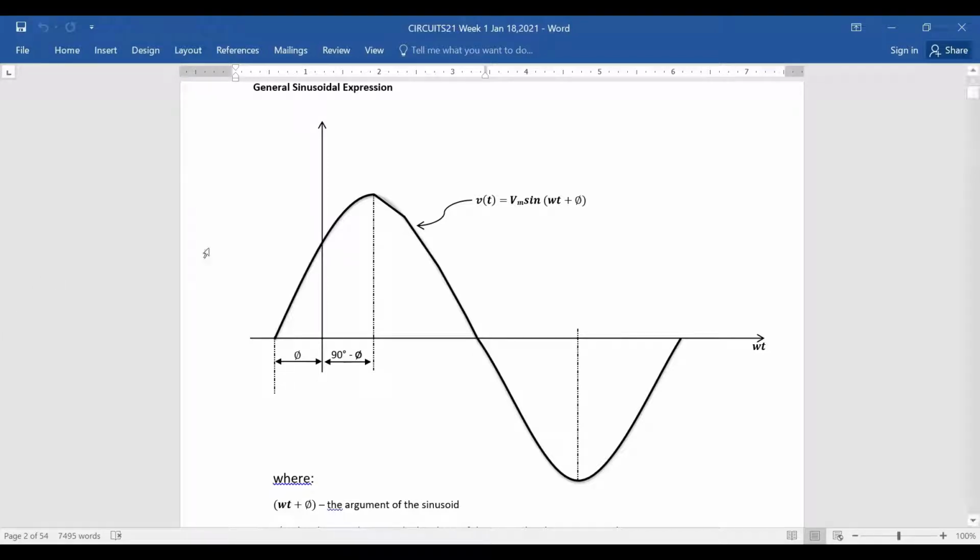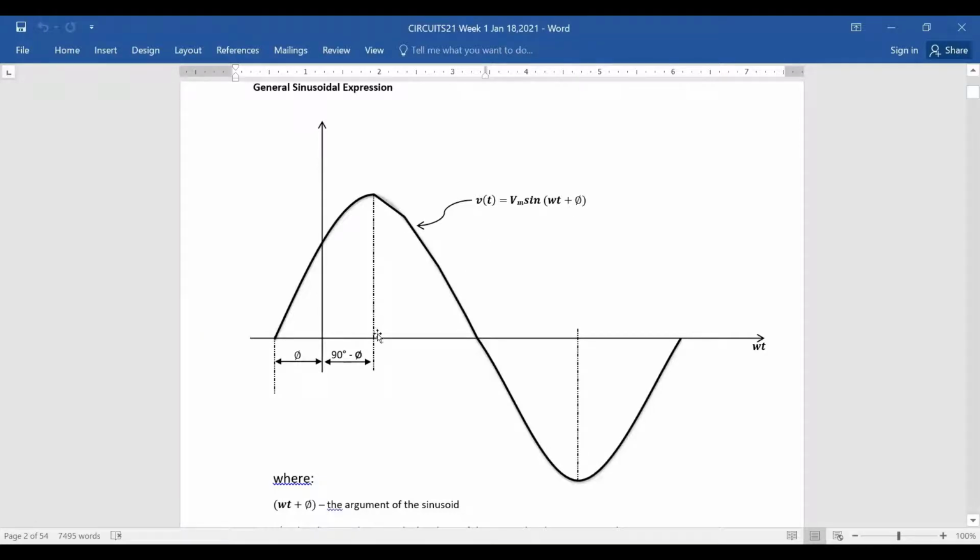If you notice here, it starts from the negative x-axis, but the angle there is positive. So that's how we represent our sinusoid here. If we start from the negative x-axis, the sign of the angle must be positive.